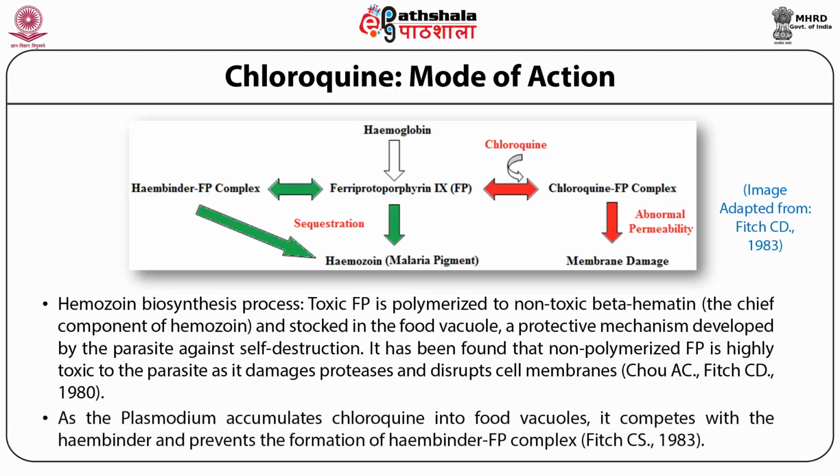But as soon as chloroquine accumulates in the food vacuole, it competes with the heme binder and binds to this toxic ferriprotoporphyrin, causing the destruction of the parasite, because this unpolymerized heme, or ferriprotoporphyrin, is toxic to the parasite, causing damage to its cell membrane and various enzyme systems.